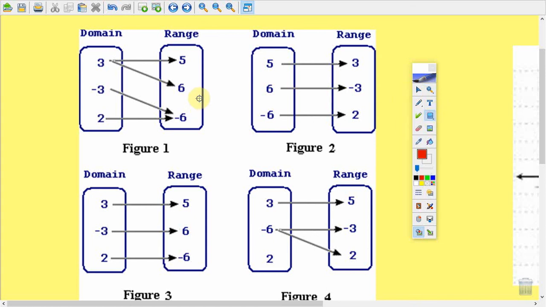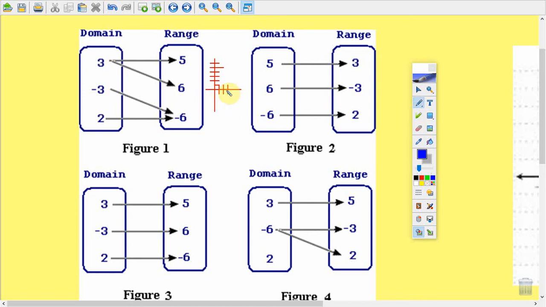If you were to graph this out and we had something like this, we could come over here to 1, 2, 3, 1, 2, 3, 4, 5, 6.